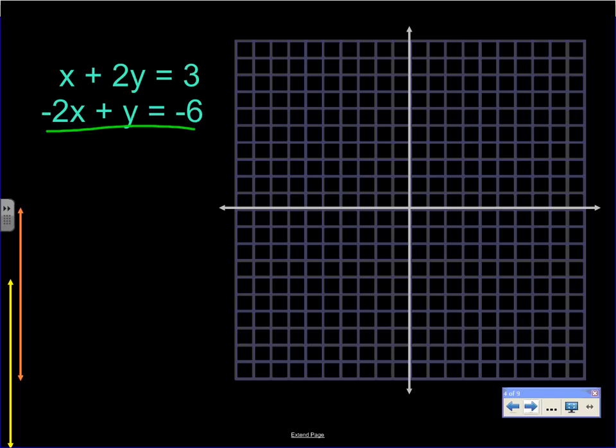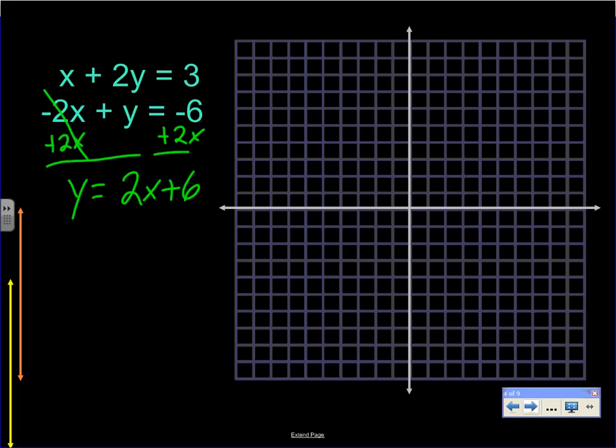You can use intercepts, but I think that if we add 2x to both sides of the equation, y is going to be equal to, those cancel, 2x plus 6. This is now in slope-intercept form, 2 being the slope and 6 being the y-intercept.